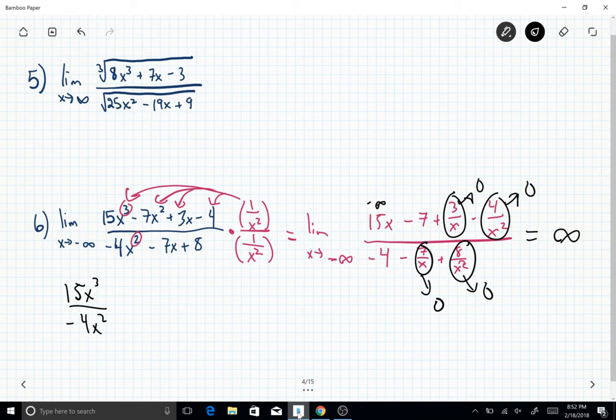If we wanted to get more specific, we could divide and find the slant asymptote it's approaching. But this gives you the general idea of the end behavior, or limit behavior. There is no horizontal asymptote in this case, and we approach infinity.